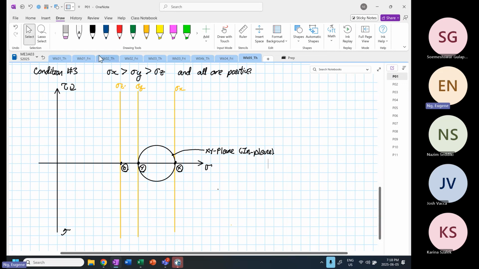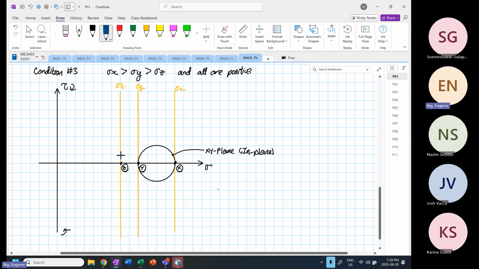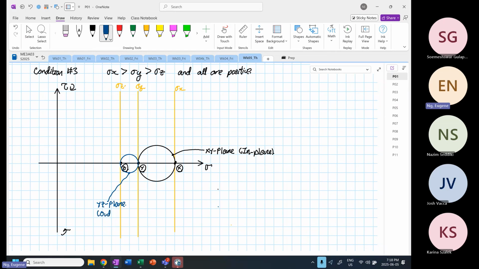And then we are going to draw the next circle. And the next circle corresponds to the YZ plane because it touches the point Y and point Z. Okay, so this is our YZ plane. And this happens to be our in plane.